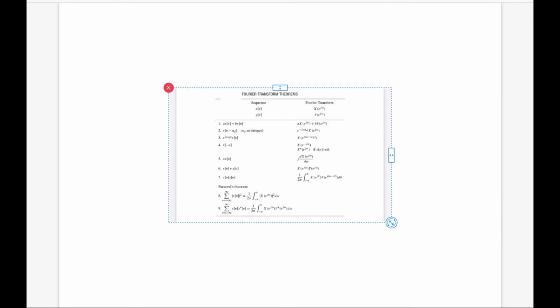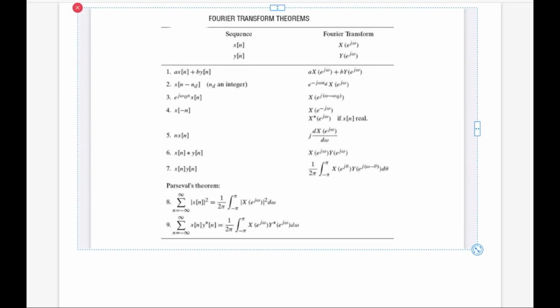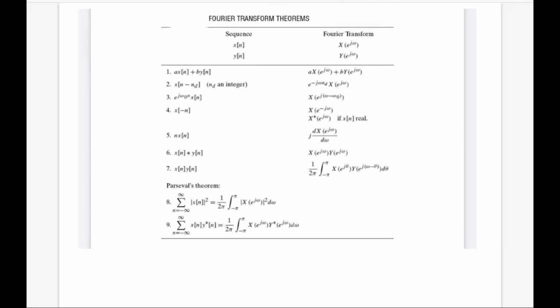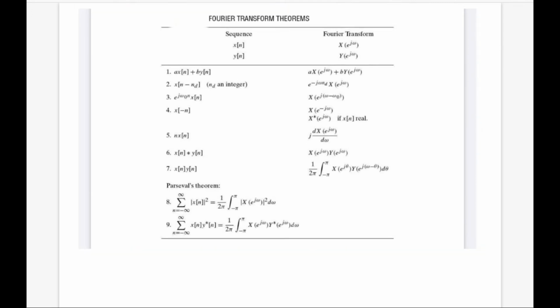Okay, so now let's take a look at some of the Fourier transform theorems. The first one is just a linear operation, nothing much complex here. Second, this is the time shift property.